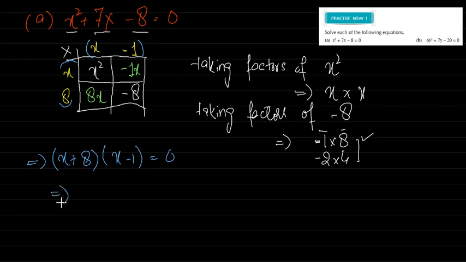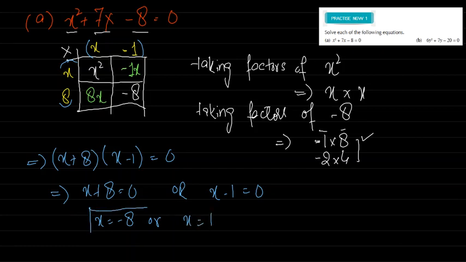And further, it becomes x plus 8 is equal to 0, or x minus 1 is equal to 0. So it becomes x is equal to minus 8, or x is equal to 1. So this is the answer to this question.